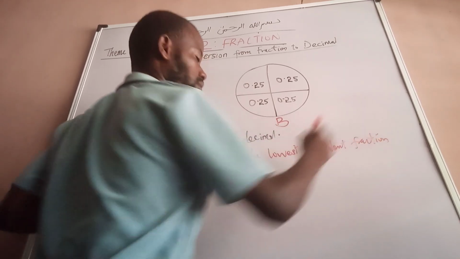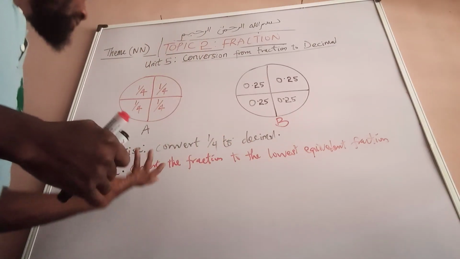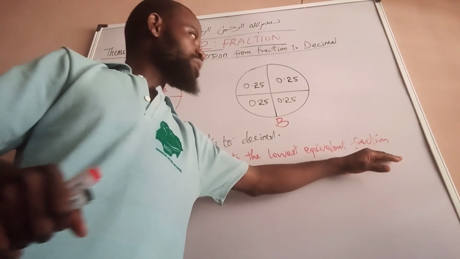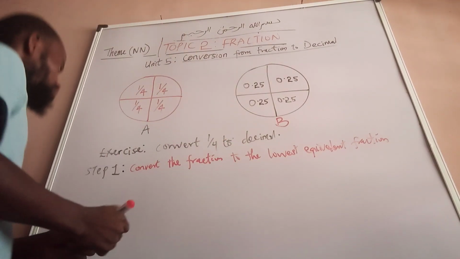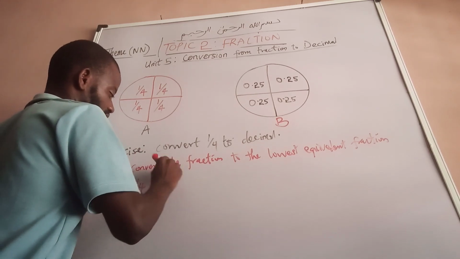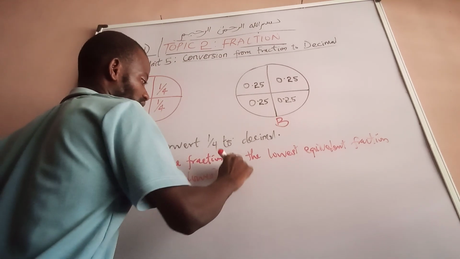The first thing in converting your fraction to decimal is that you have to convert the fraction given to you to the lowest equivalent fraction. So, like this 1 over 4, 1 over 4 is the lowest equivalent fraction.